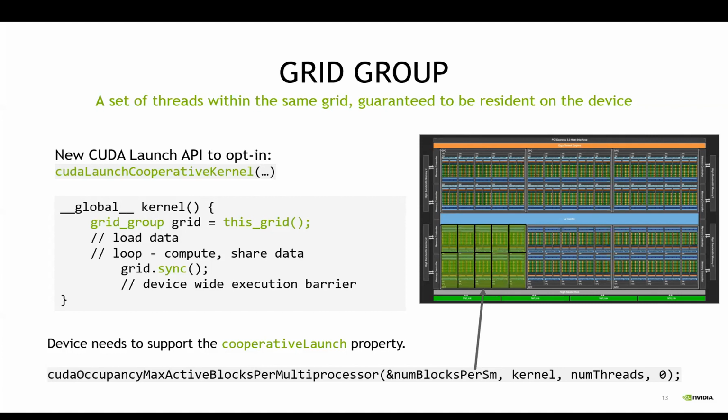I can size my grid by multiplying those two numbers together: the blocks-per-SM number returned by the API call at the bottom of the slide, times the number of SMs in my GPU, which is also device queryable. That then presents the total number of blocks that I can launch for this kernel in order to satisfy the requirements of the cooperative grid.